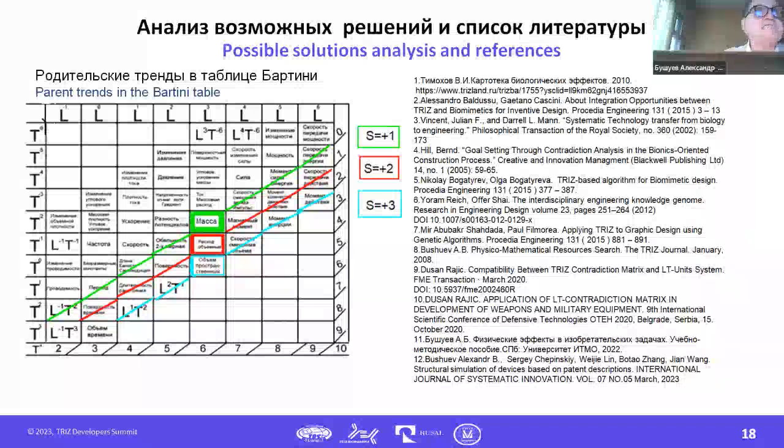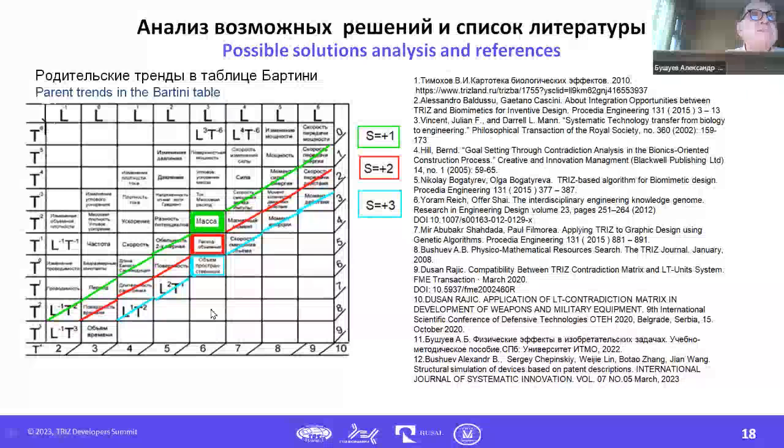For example, what is the difference of speed and power, or power and rigidness, density of current and inertial moment, etc. That's very important for inventive tasks. And the second thing is that the Bartini system suggests some kind of conversion of genes, of length and time, and field resources, the system of field resources.